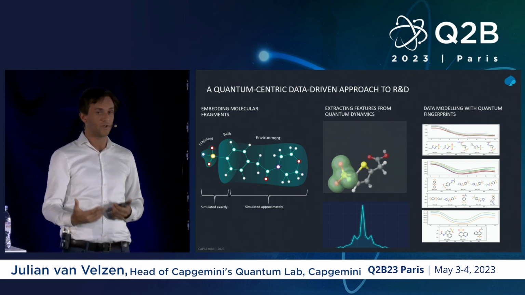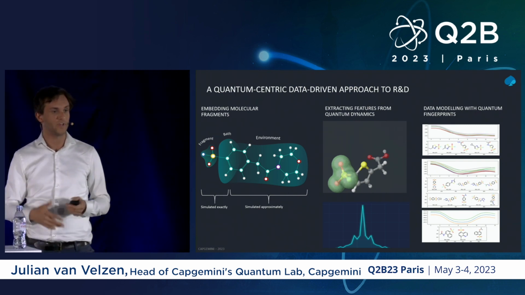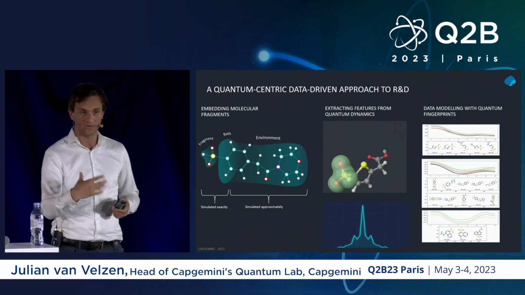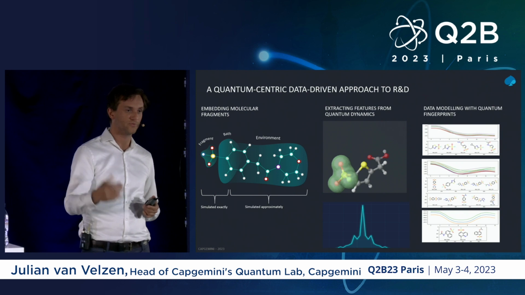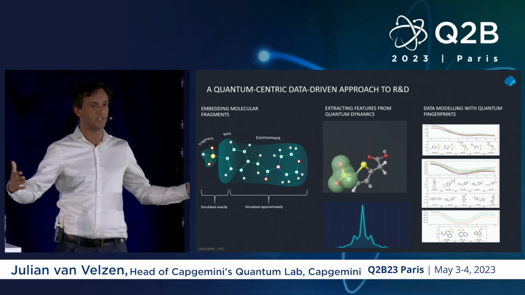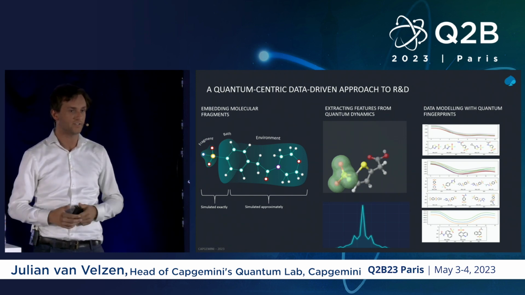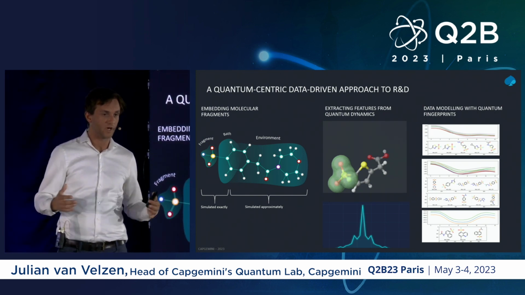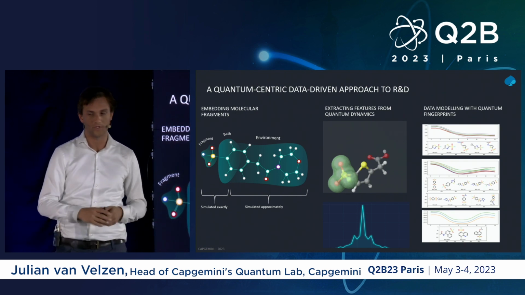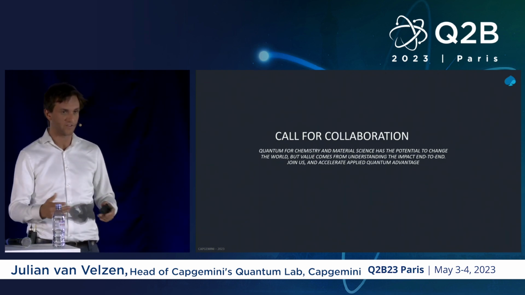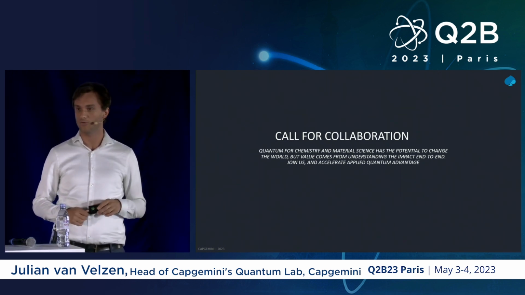And I want to challenge you all to think with us about how we can not just think about one algorithm, one version of QAOA, or one version of phase estimation or whatever, but really start thinking about how we can use this in real life applications when we couple it with machine learning and when we couple it with other solvers through appropriate embeddings, and then make it work. So with that, I would like to call for that collaboration, and thank you all very much for your time.